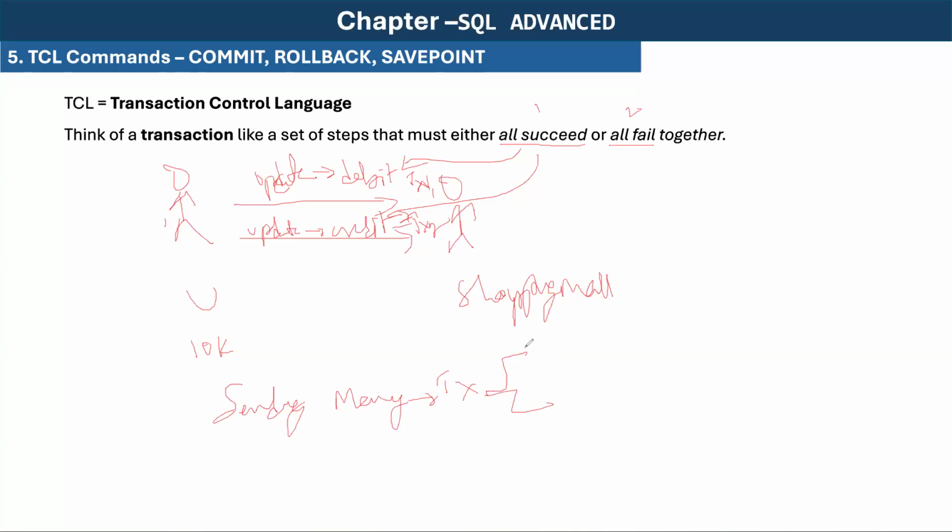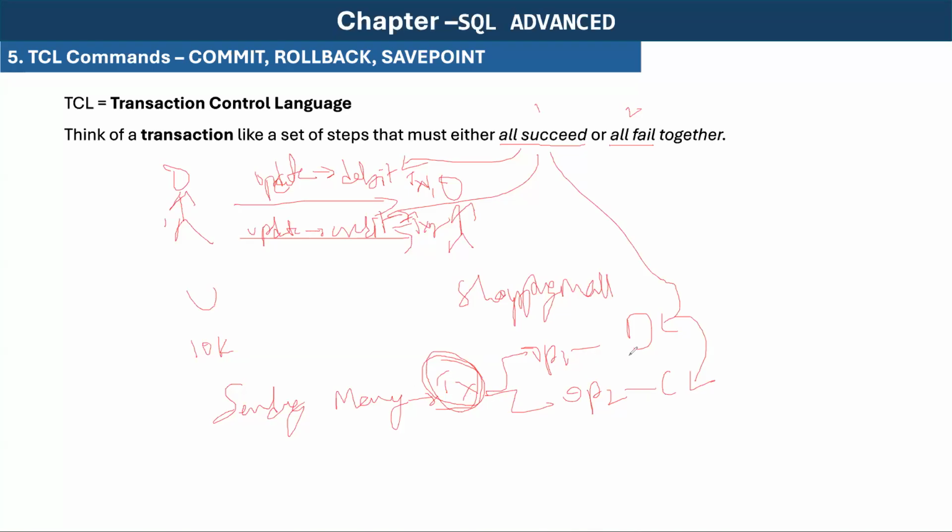Operation one is debit, and operation two is credit. Only if both are successful can we say the transaction completed successfully. If both debit and credit were done successfully, then the transaction is complete.